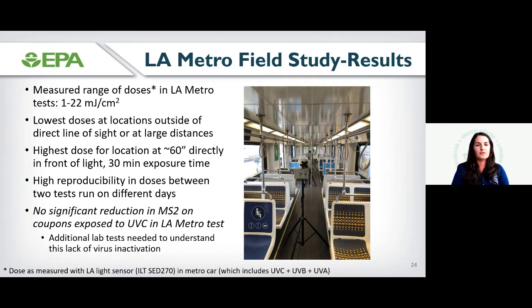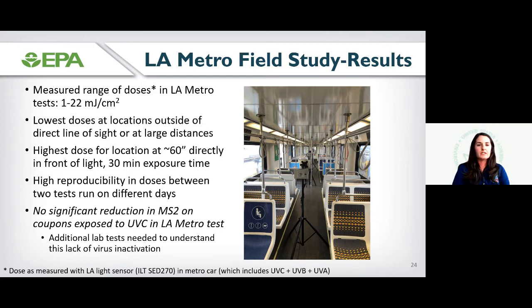And the highest doses were achieved when the detector or the coupon were positioned really within direct line of sight of the light and for the longer exposure time. So the highest dose was at about 60 inches away from the light and for about 30 minutes of exposure time. And as I mentioned before, there was a high reproducibility in doses, generally speaking, from day to day.